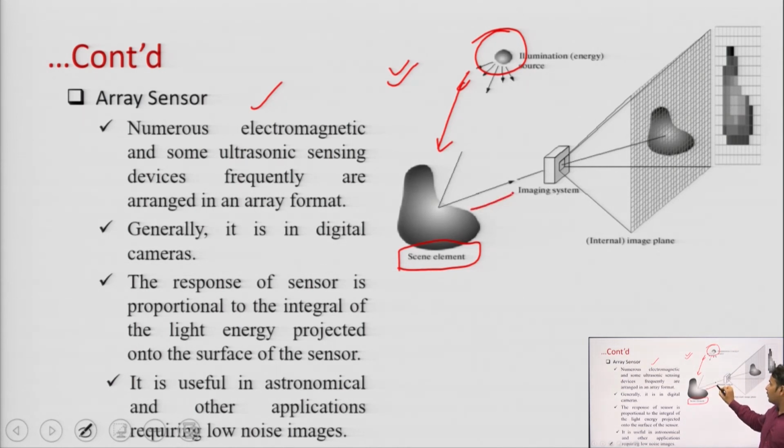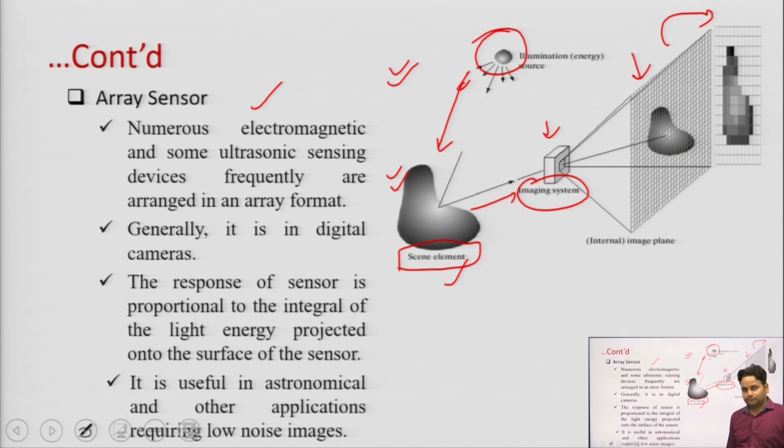After the reflection of this energy by the object, the imaging system is detecting this kind of image, and by using the imaging system that image is converted into this grid form, and this grid form will generate a digital image, and that image is generated after the sampling and quantization process. That thing we have already completed in the previous lecture 1 and lecture 2. Okay. So, generally it is a digital camera.